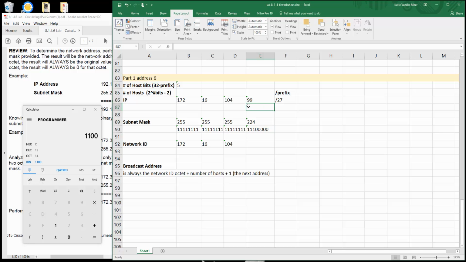All right, let's look at 99. Go back to decimal, clear this, 99, 0110, 0011, 011.